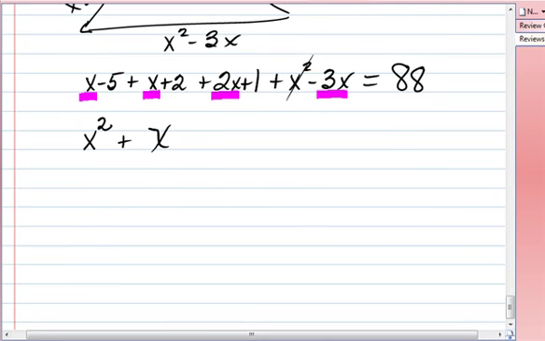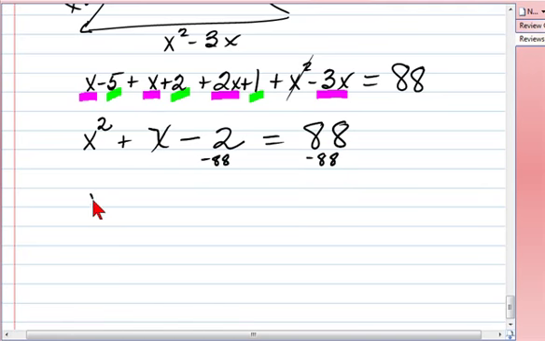Constants, I have minus 5, plus 2, and plus 1. So what do I end up with? Minus 2. And that equals 88. I need my quadratic equal to what? 0. So I'm going to subtract 88. And I have x squared plus x minus 90 is equal to 0.